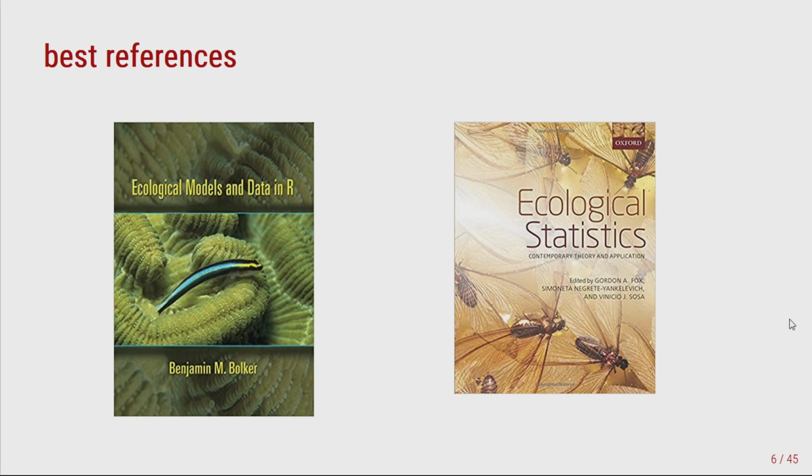As well as this one, which is a more broad ecological statistics book. A lot of different authors contributed to each chapter. Ben Bolker wrote the mixed model chapter. And what I like about this book is that it starts from the linear model to explain all the other possibilities of statistical modeling.